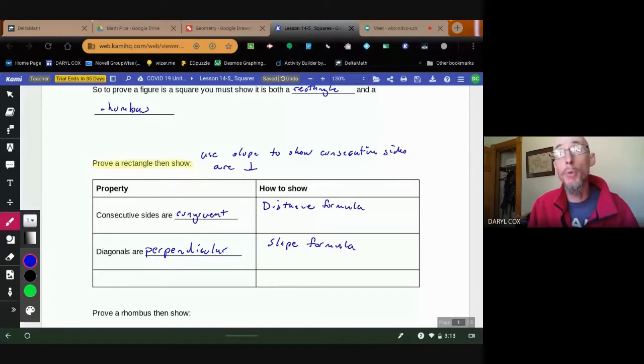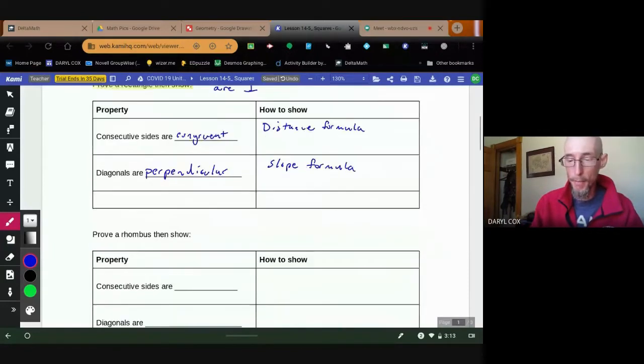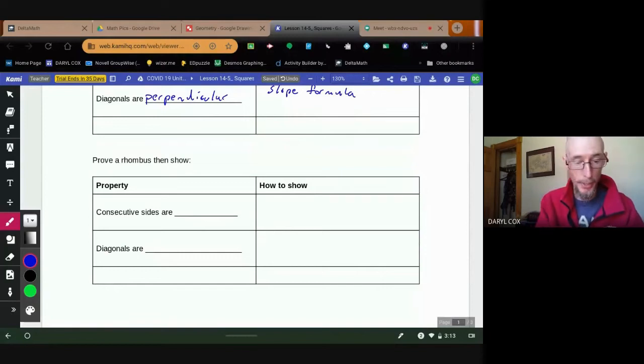So it is possible to use all slope formulas to prove it's a square. Use slopes to prove it's a parallelogram, the same slopes to show that my sides are perpendicular, then the slopes of the diagonals to prove that those are perpendicular. There's my square, okay?